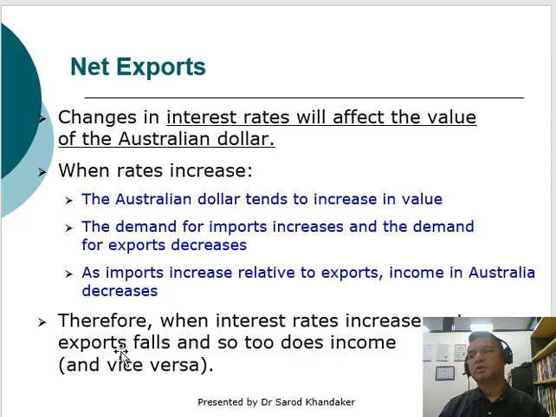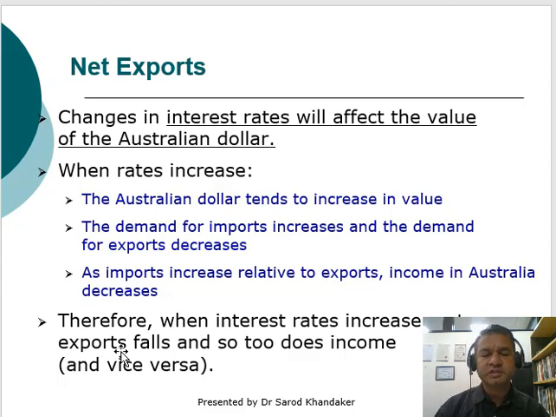If the Australian dollar increases in value against the US dollar, then the demand for imports will increase, because the Australian dollar will be worth more in the international market. So one Australian dollar will buy more things in the international market, so imports will increase, and the demand for exports will decrease, because the products produced in Australia will be more expensive to people in other countries, so they will consume less Australian product.